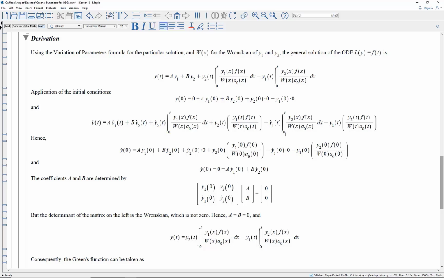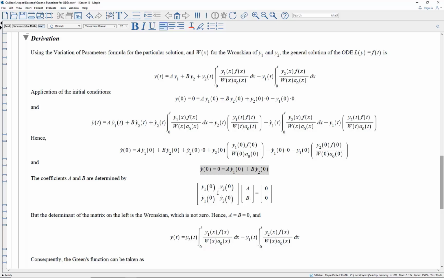This will cancel with this, because it's 2, 1, 1, 2, positive, negative, they cancel. So all that's left is this. Well, you have this piece here, both equal to 0. So it's a linear system, homogeneous in A and B.